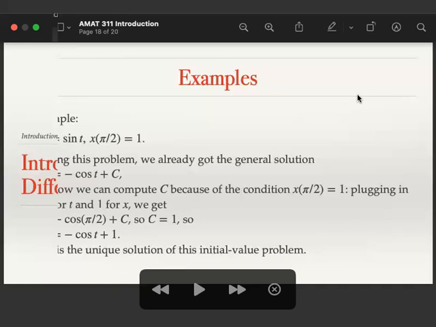So the antiderivative is only unique up to a constant. So now our solution contains 2 constants, c1 and c2. The general solution now is t cubed over 6 plus c1t plus c2. And this is the general solution of the equation. Notice that for a second order equation, we had to do 2 integrations, and we ended up with 2 constants.